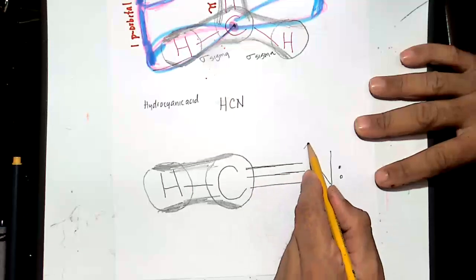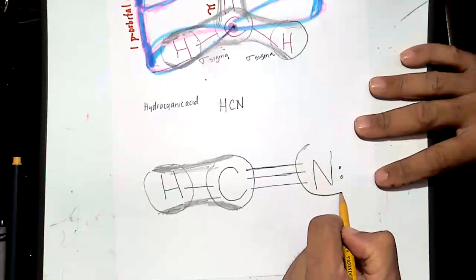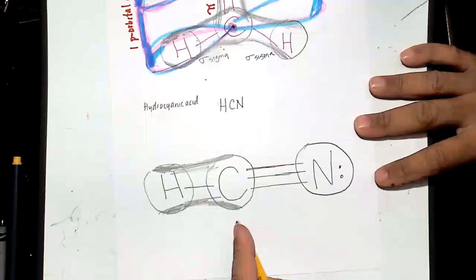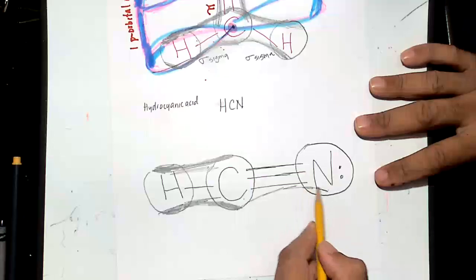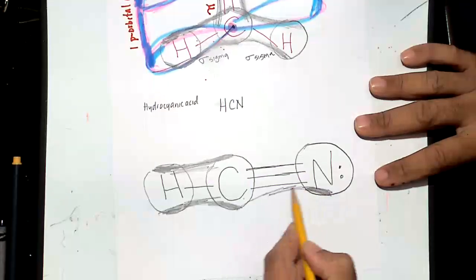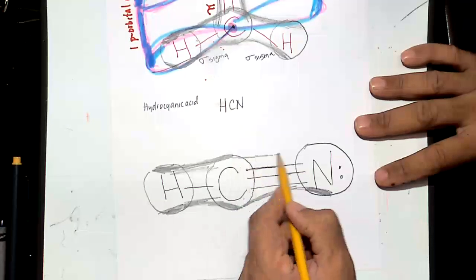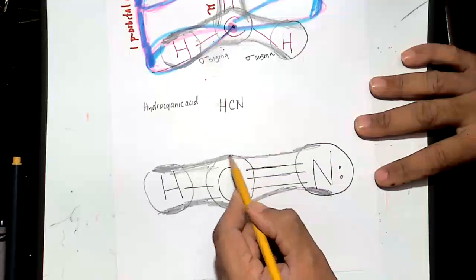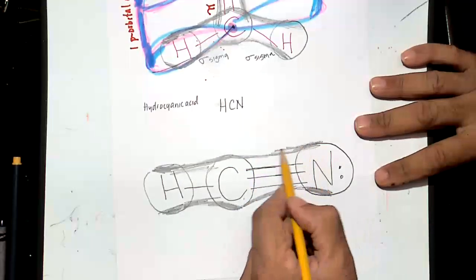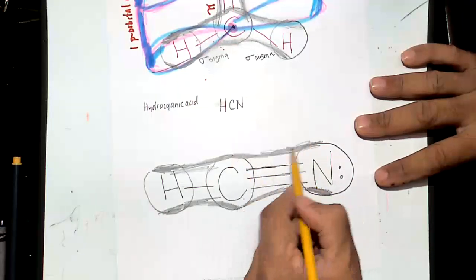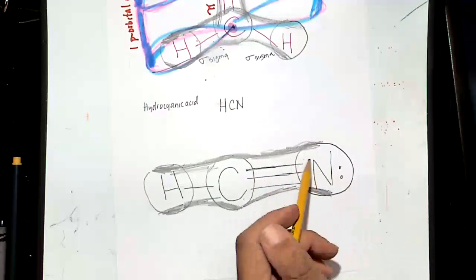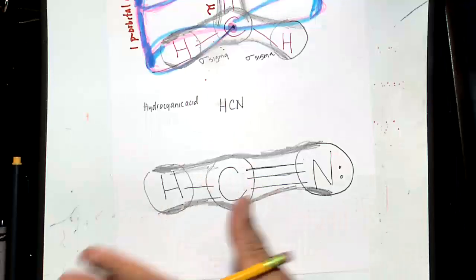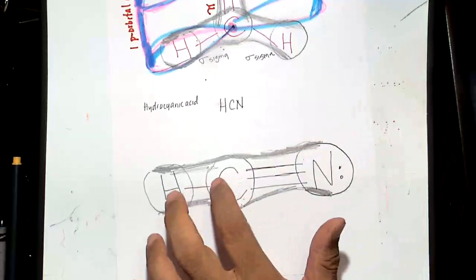We also have that same thing here. We have a triple bond. Notice this triple bond: that's the s orbital with this C and this N. So that's the sigma bond, this sphere and that sphere, overlap of the s orbitals.